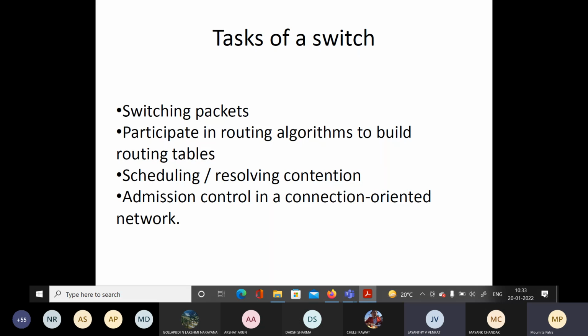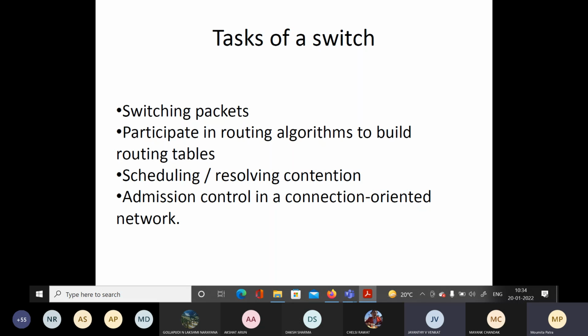And as we have seen in previous classes, when a large number of packets are waiting at the ports to be transferred, there is a question of how do we schedule the packets so that contention can be resolved, or according to the packet's priority, the packet can be transferred in order to guarantee its QoS that was given by the service provider.